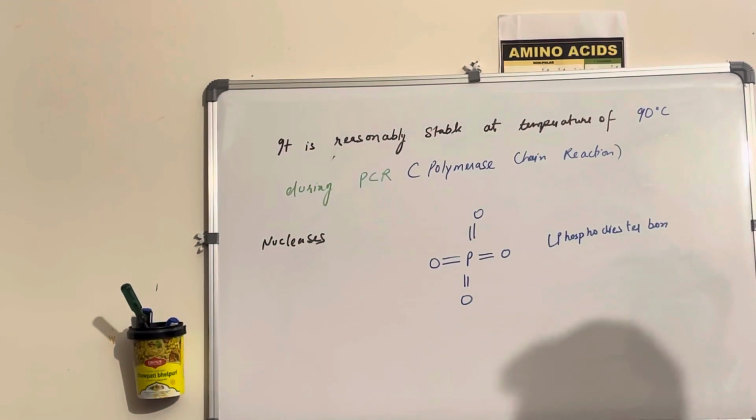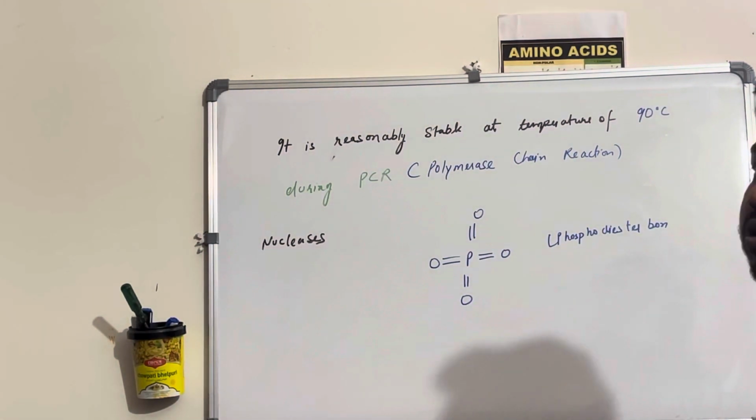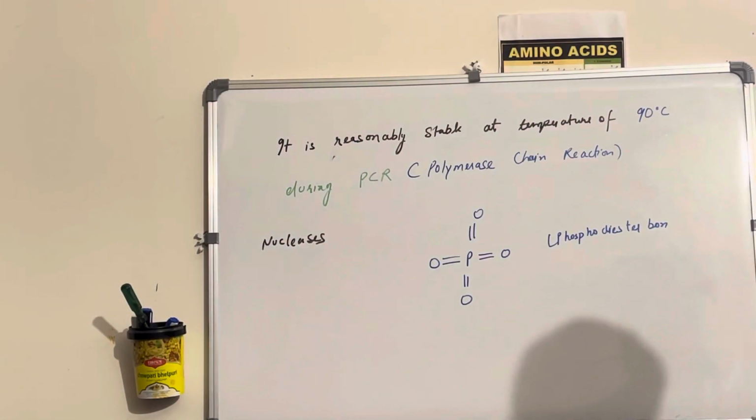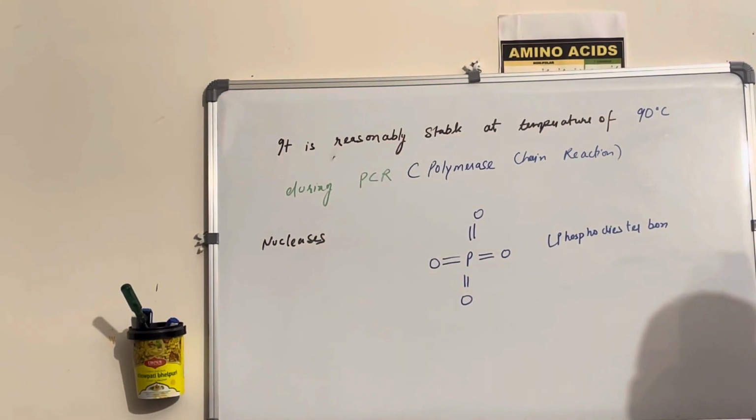Ribonucleases are the enzymes that attack RNA, and deoxyribonucleases, DNases, attack deoxyribonucleic acid, and RNases attack only ribonucleic acid. Okay. Some nucleases only attack single-stranded nucleic acid, others will only attack double-stranded nucleic acid, and a few will attack either kind.